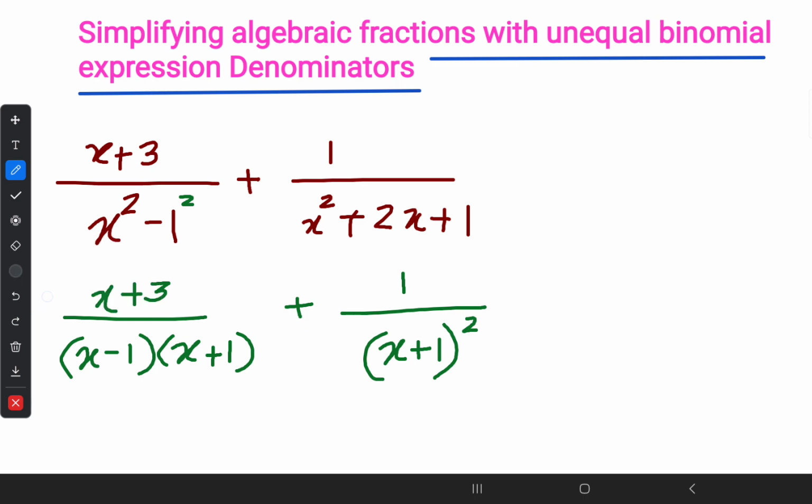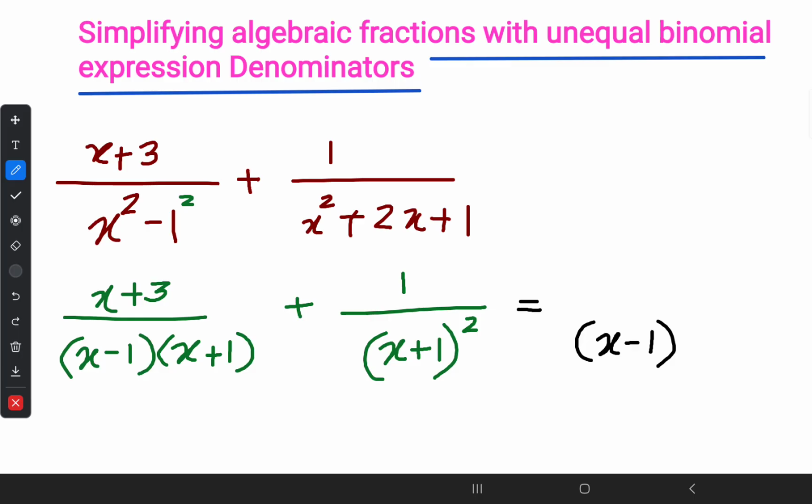Now let's come to the LCM part. So in LCM, there are two different denominators. So I will select x − 1, since if at least one of the denominators is having an expression, you need to incorporate that into your LCM, x − 1. These two are having the same base, but you need to select the highest powered one.